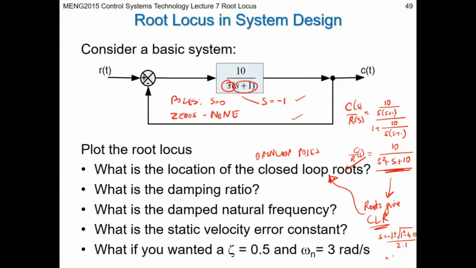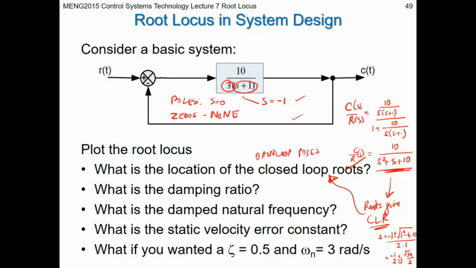That's going to give us minus 1 upon 2, plus or minus j root 39 upon 2, since it's 1 minus 40. So that's going to be our closed loop root positions.